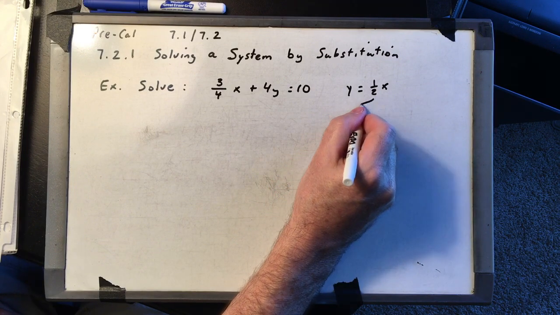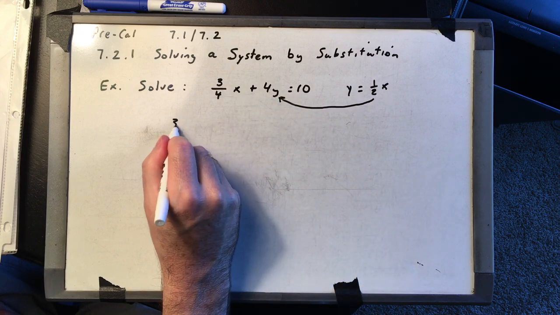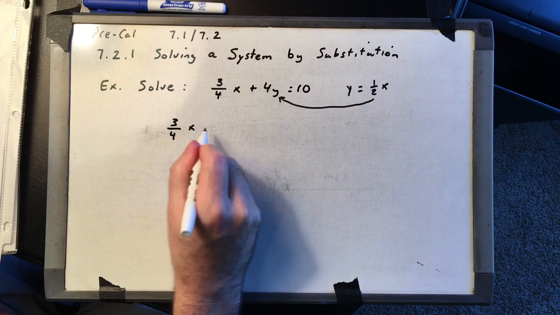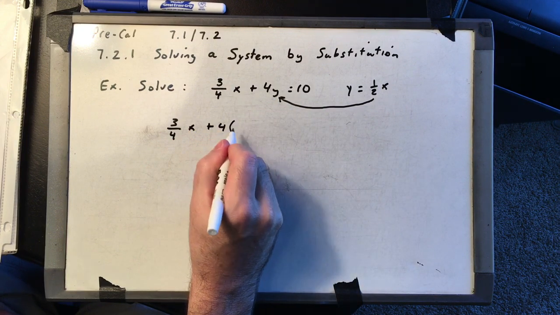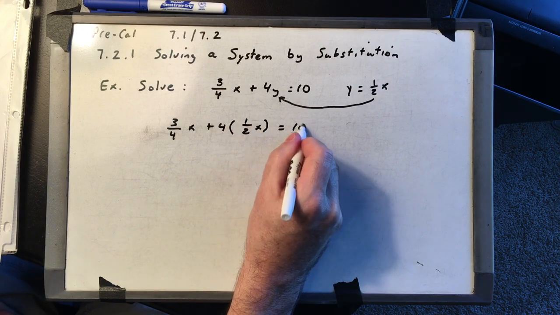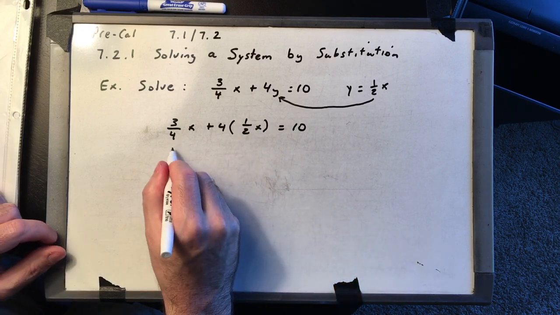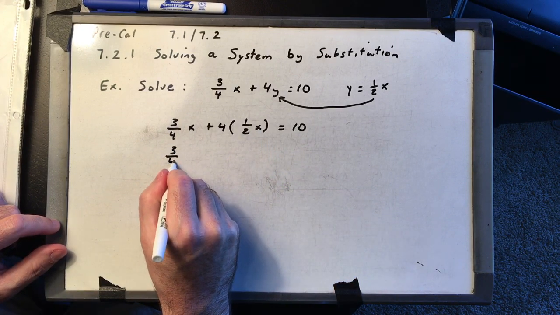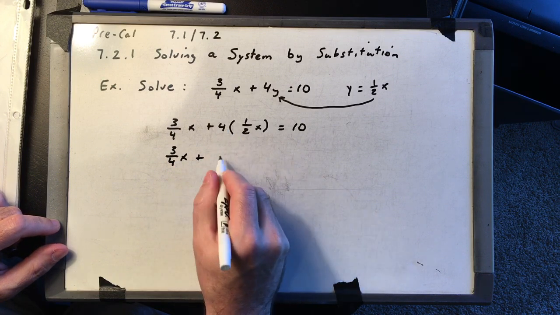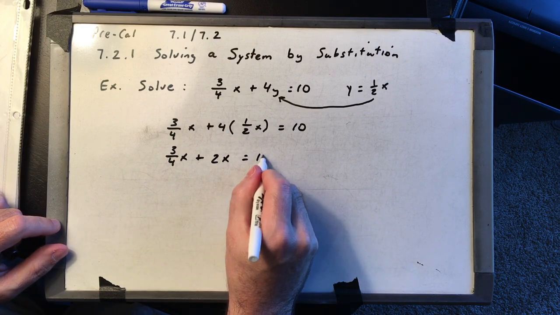We'll substitute that 1/2 x in here for y. So I'd have 3/4 x plus 4 times 1/2 x is equal to 10. So I've got 3/4 x plus 4 times 1/2, which would be 2x, is equal to 10.